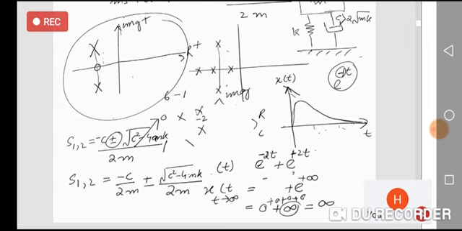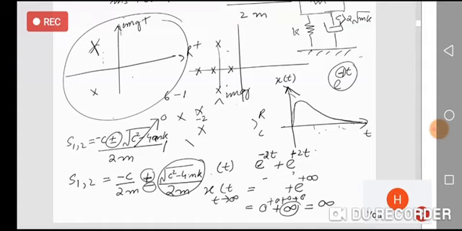So if there is some value of iota, it will have a positive value and a negative value. Magnitude same, the sign will be positive and negative. So in short, a single pole cannot exist without its conjugate in the complex plane.